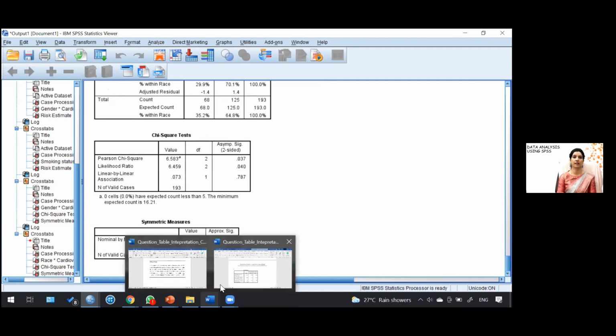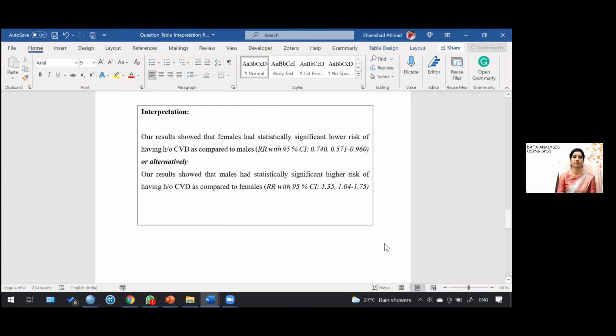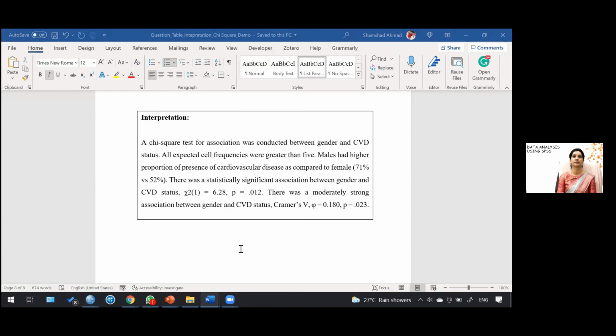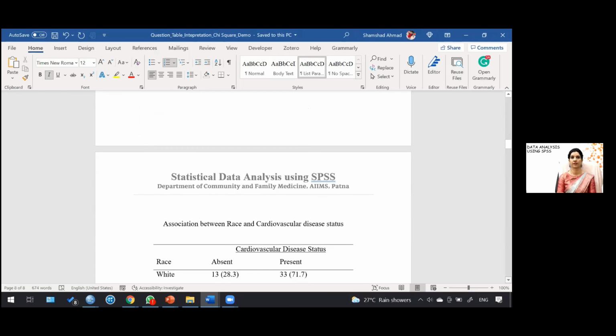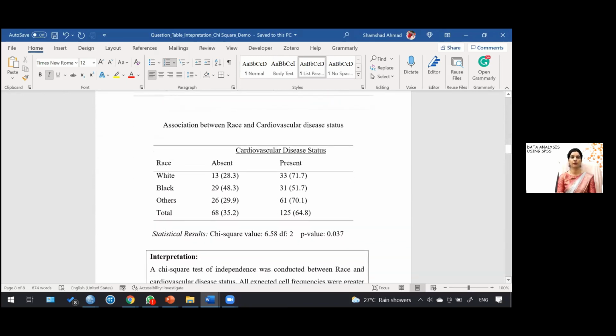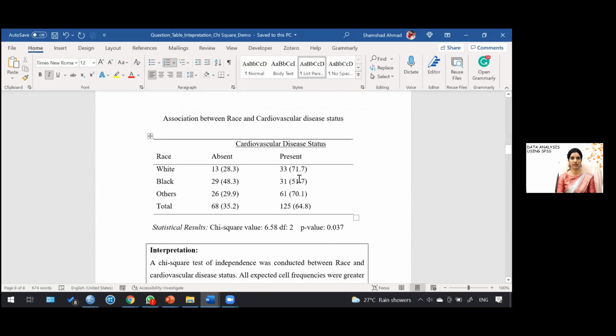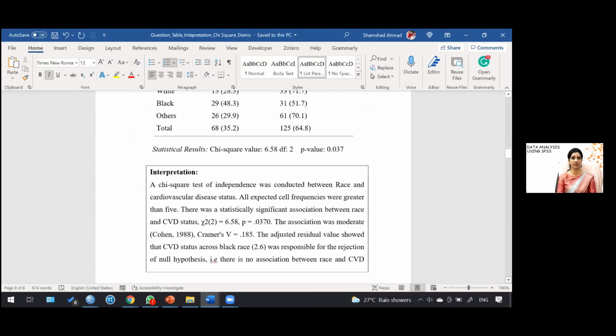You can write here, this was a second table, association between race and cardiovascular disease. You can see that all the observed counts are entered here with the percentages, and then the value of chi-square with 2 degrees of freedom and p-value, and then the interpretation. So one of you can read this interpretation.